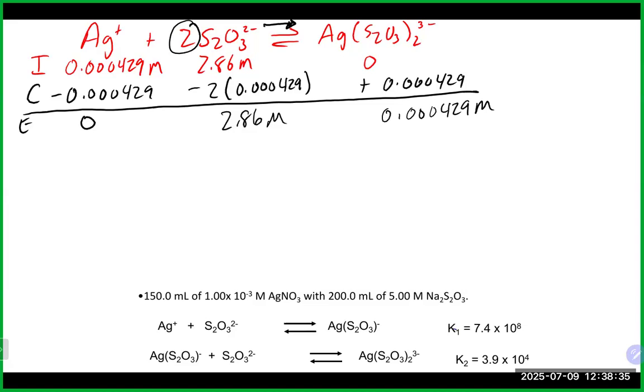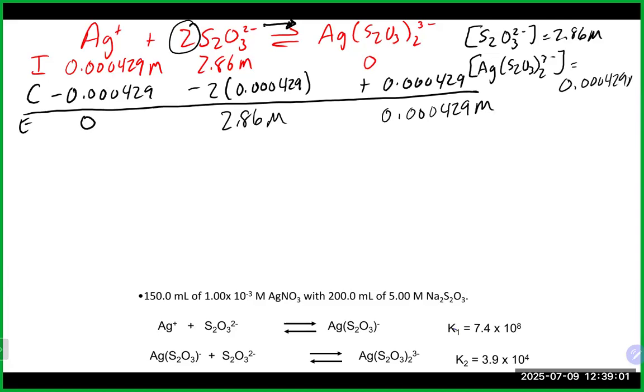At this point, I essentially have found 2 concentrations. We could see from this table that at equilibrium, the concentration of S2O3 2 minus is 2.86 molar. We also could see that the concentration of our complex ion is 0.000429 molar.